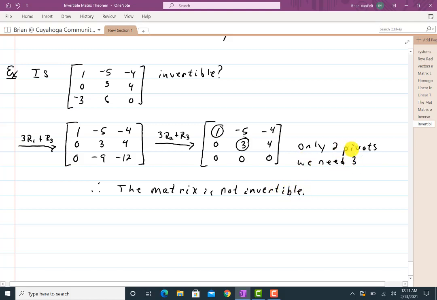I should say we need 3 pivots by the invertible matrix theorem. Remember, a matrix was invertible if it had n pivot positions. We only have 2 here and we need 3 of them.